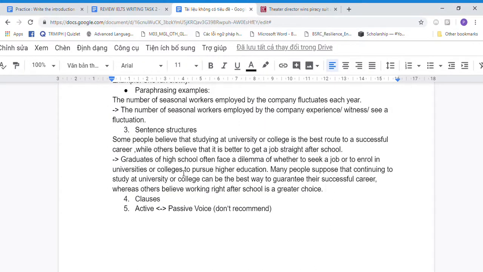Okay, so you guys can see that this sentence was not specific enough. It's just general introductions for the sentence, for the topic. So actually, this is a sample IELTS writing introduction. You can replace others with I, or just use others. Whereas others believe working right after school is a greater choice.